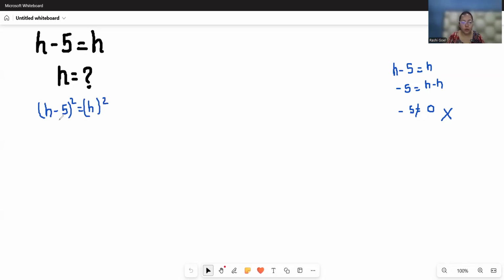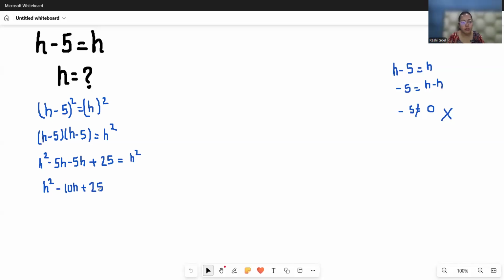So here I am going to use: h minus 5 times h minus 5 equals h squared, and this becomes h squared minus 5h minus 5h plus 5 squared, which is 5 times 5 is 25, equals h squared. So h squared minus 10h plus 25 equals h squared.